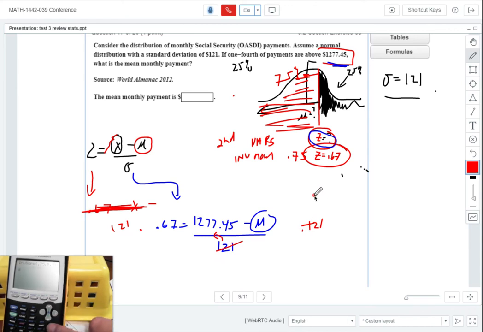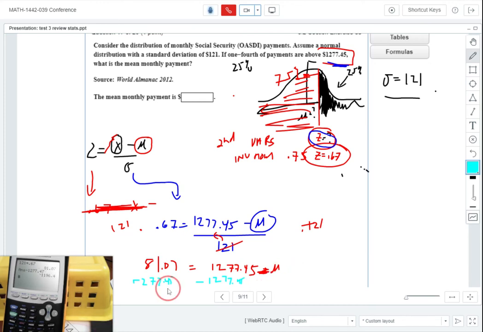So I do 121 times 0.67, and I get 81.07 equals 1277.45 minus the average. So I subtract 1277.45 from both sides.